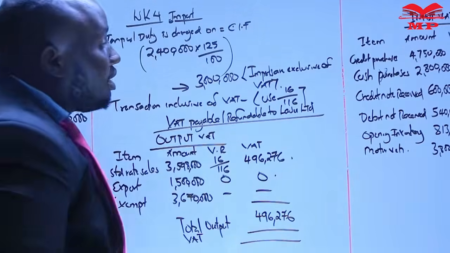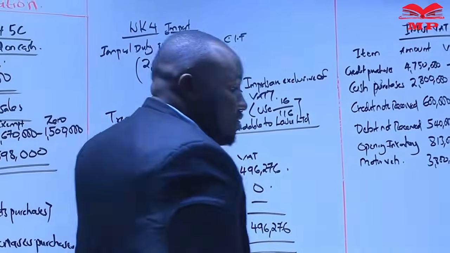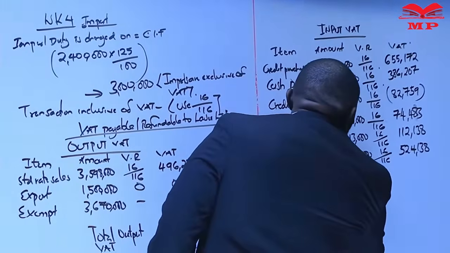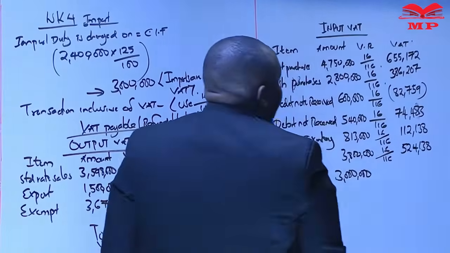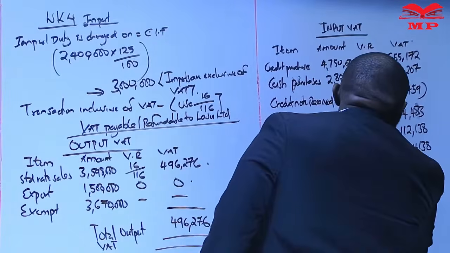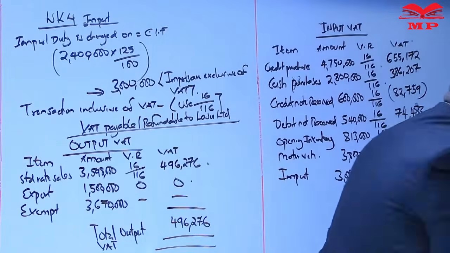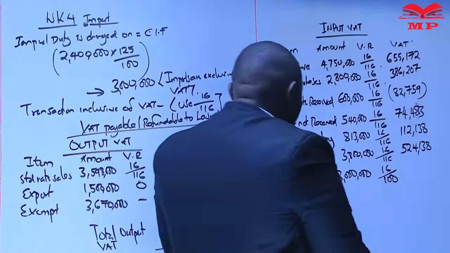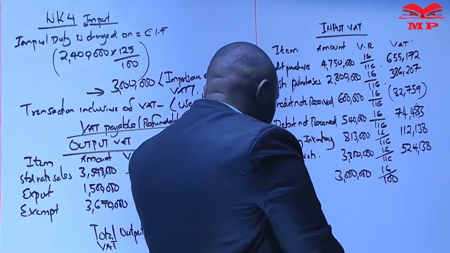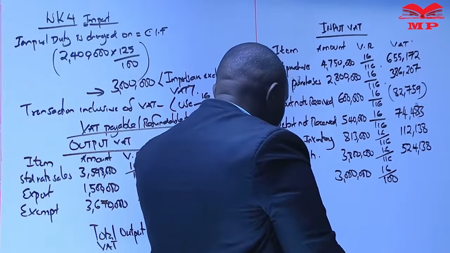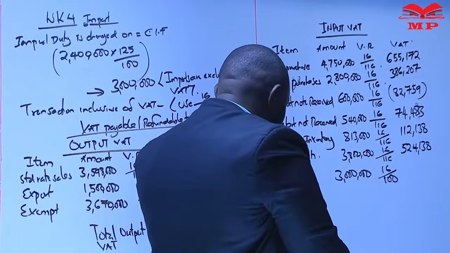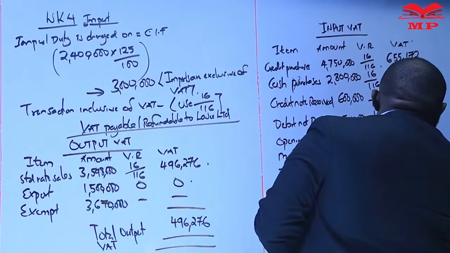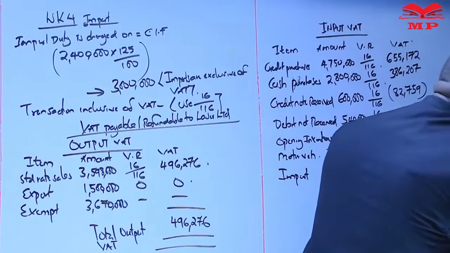You know that imports are normally exclusive, even if the question says inclusive. So 3 million times 16 over 100, because that is exclusive. That should be 480,000.